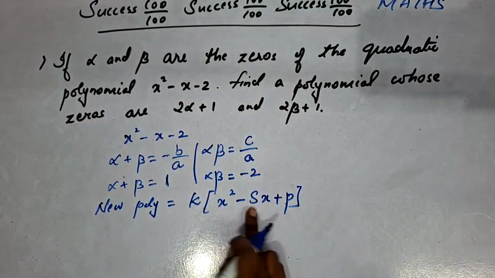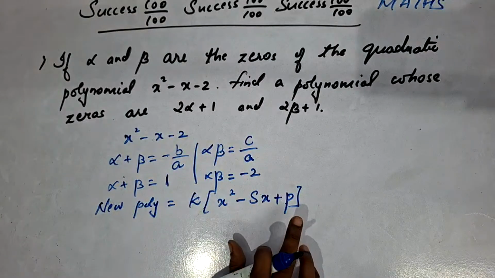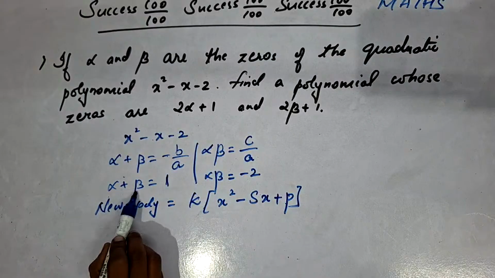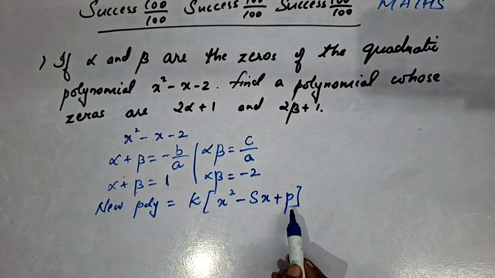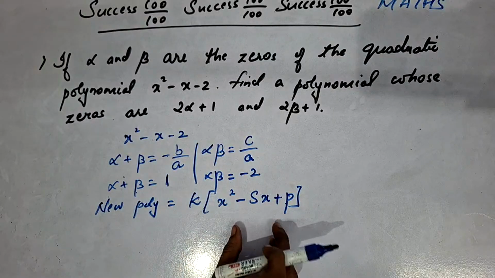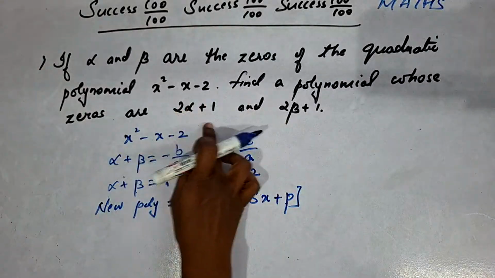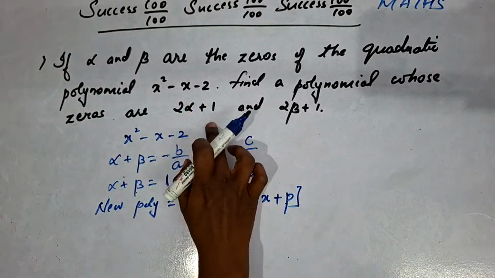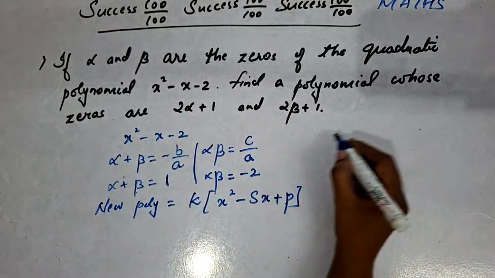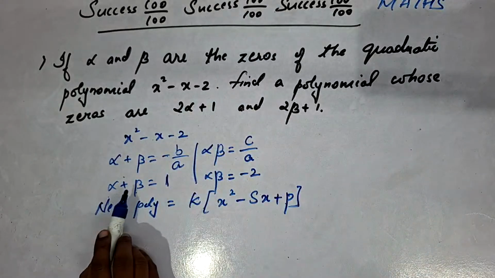So you should know the value of sum and product, or S and P. Please don't take alpha plus beta as sum and alpha beta as product in this equation, because you have to find the equation for a new polynomial whose zeros are 2 alpha plus 1 and 2 beta plus 1. Therefore, you know alpha plus beta.